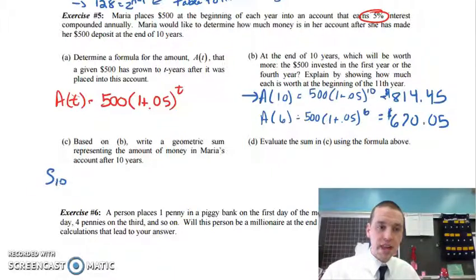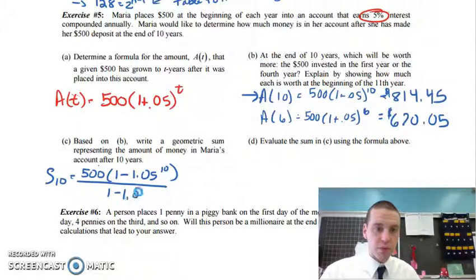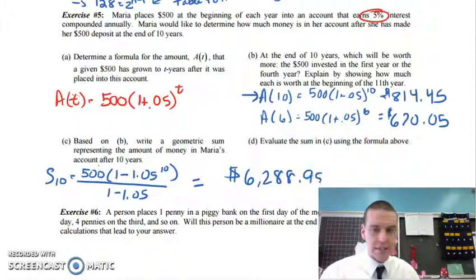We have the sum of 10 equals a1, which was 500, times 1 minus our r, 1.05, what we're increasing at, raised to the 10, the n, divided by 1 minus 1.05, 1 minus r. And after we get that, our answer will be $6,288.95. So pretty good. If you start with $500, earning 5% interest every year, you'll be left with $6,288.95.